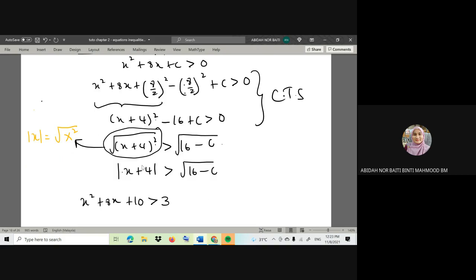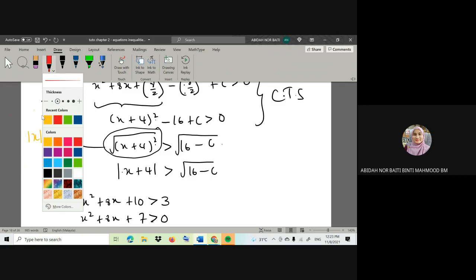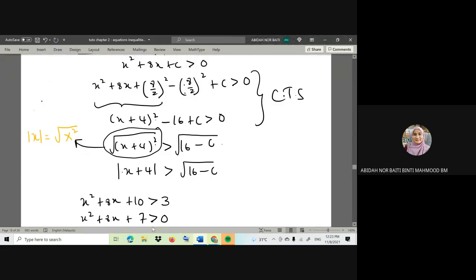Okay, so simplify. Simplify ya. 8x, so 10 minus 3 is 7, 0. So sampai sini kita boleh compare. Compare dengan apa? Compare dengan atas ni. Okay, we can compare.